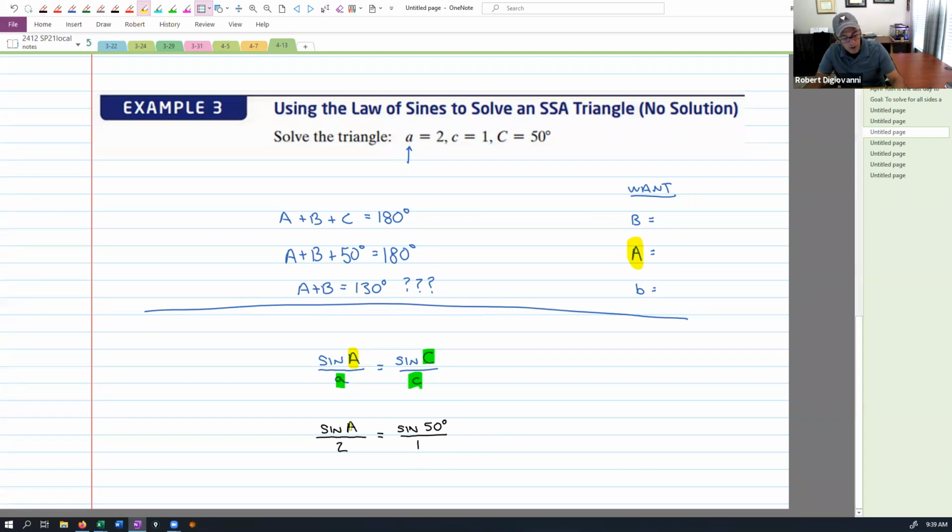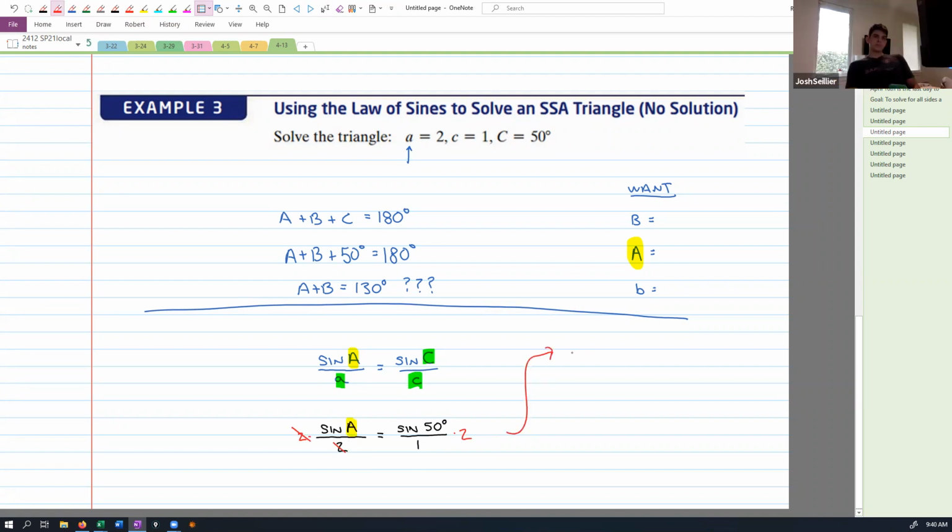Now, again, I'm trying to solve for sine of A, or A. So what I'm going to do is clear the fraction on the left-hand side by multiplying both sides by 2. That'll leave me with a new equation here. Sine of capital A equals, that 2 can just go in front of the sine.